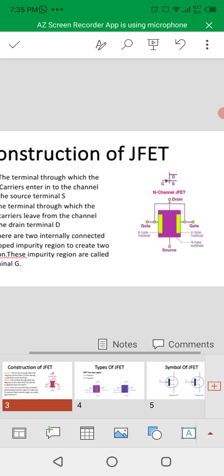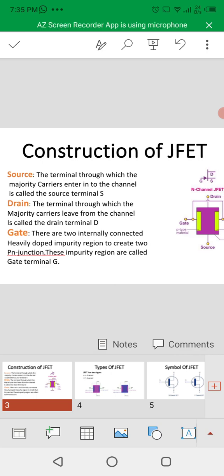Now, construction of JFET. The JFET has three terminals: source, drain, and gate.